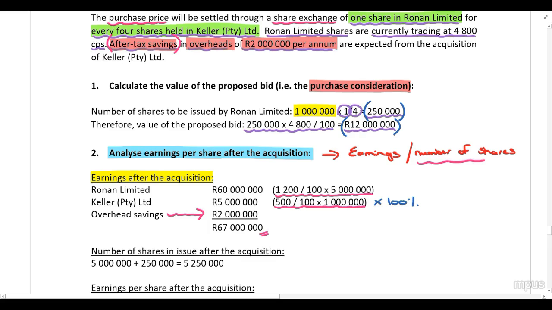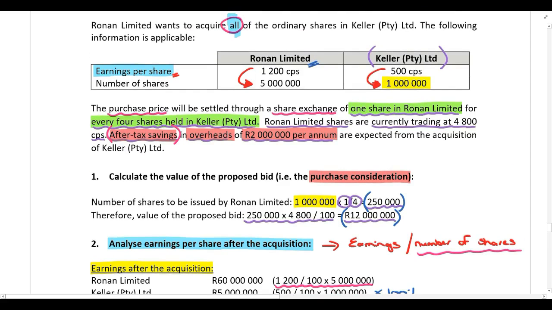We now need the number of shares after the acquisition. So before the acquisition, Ronan Limited had 5 million shares in issue, and they're going to issue 250,000 shares to the shareholders of Keller Pty Limited, because the purchase consideration is going to be settled through a share exchange.